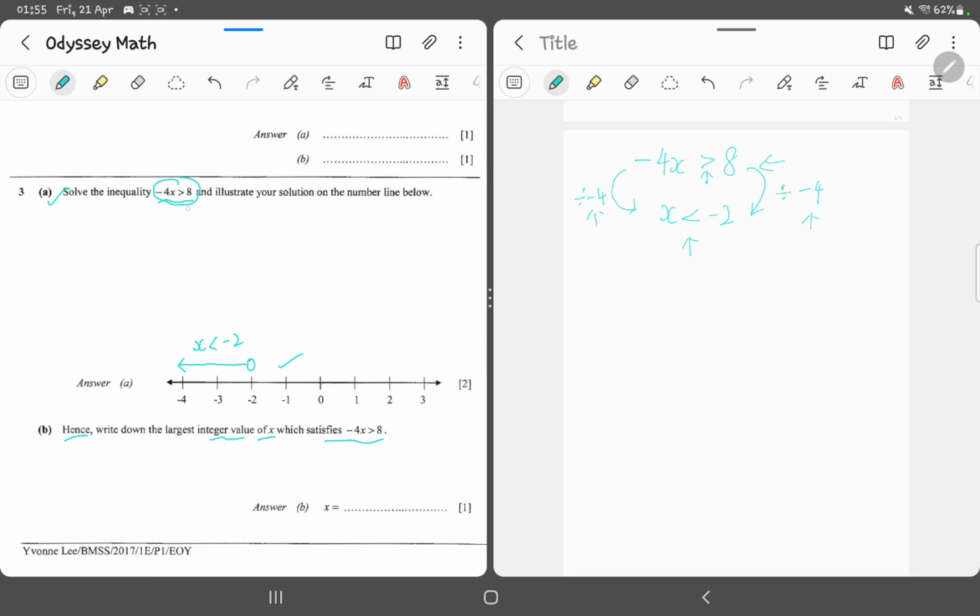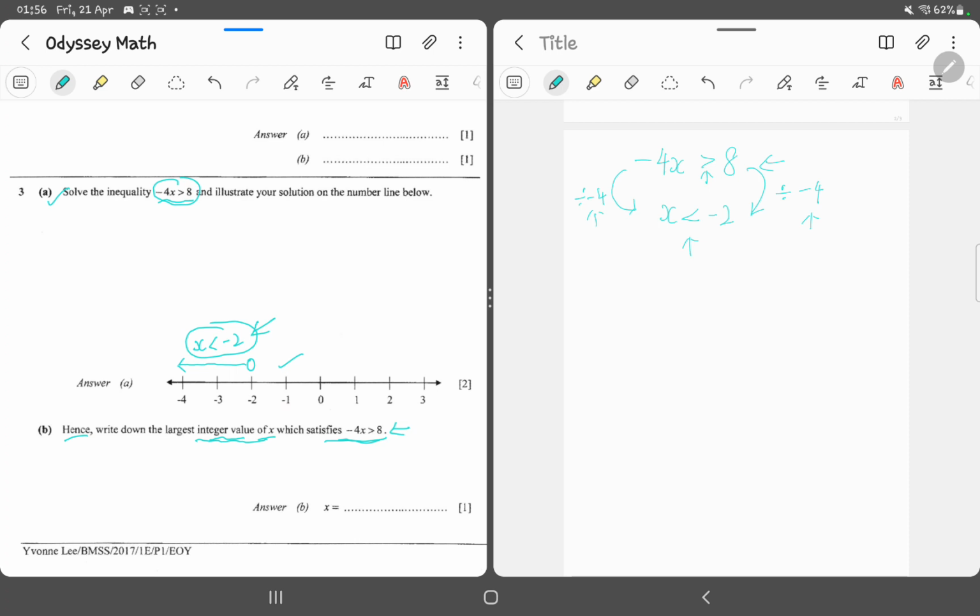Actually, we have already solved this inequality. If we are looking at the largest integer of x which satisfies minus 4x more than 8, we can directly look at the inequality which we have solved. They are equivalent, so we can rephrase this question: write down the largest integer value of x which satisfies x is less than minus 2.